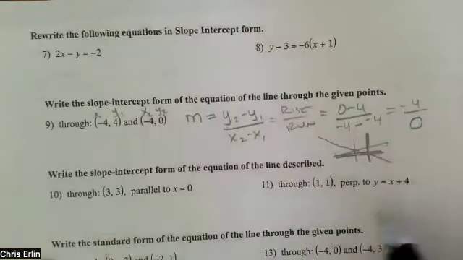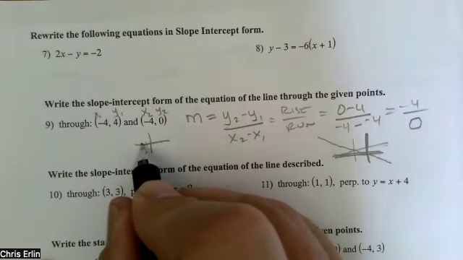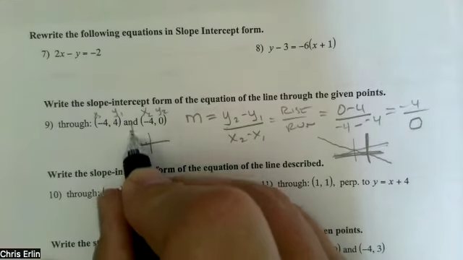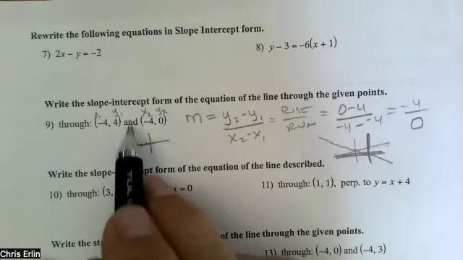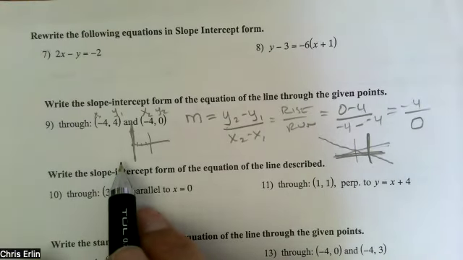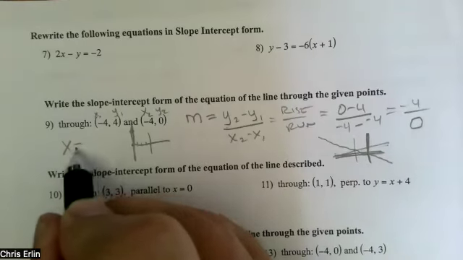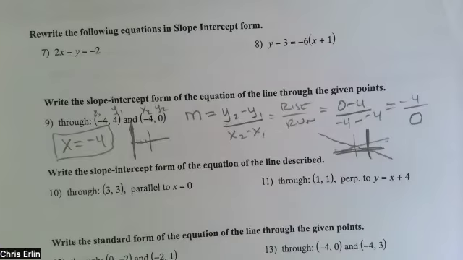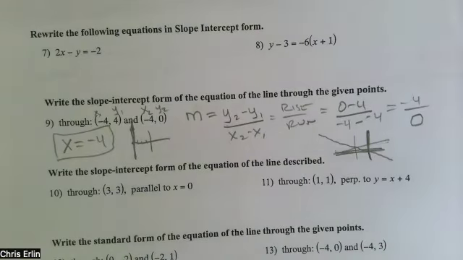They both have an x value of negative 4. The rule is that every single point on this line shares an x value of negative 4. We don't care anything about the y. This one is x equals negative 4. That's the equation, not a traditional y equals mx plus b.